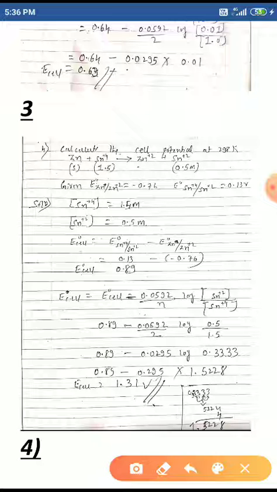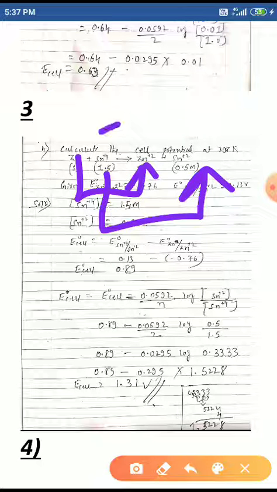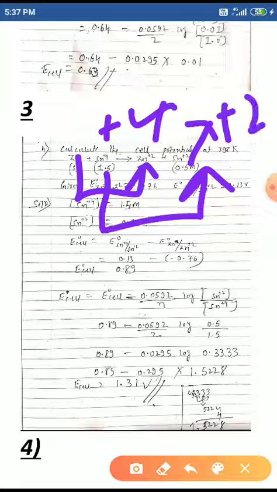Calculate the cell potential at 298 Kelvin. Zinc plus tin ion turns into zinc ion. Zinc turns into zinc ion. Tin plus 4 concentration turns into plus 2 concentration. Here tin is plus 4, and here it is plus 2.